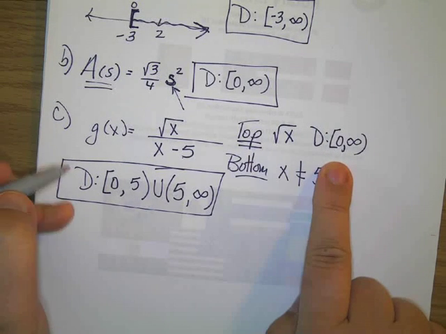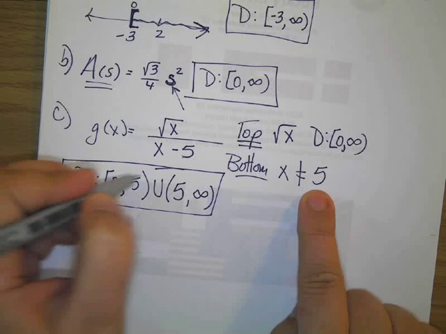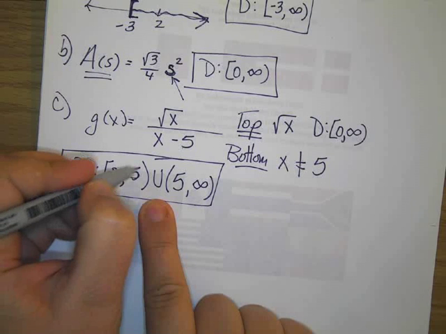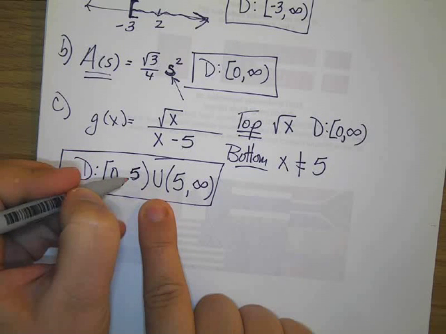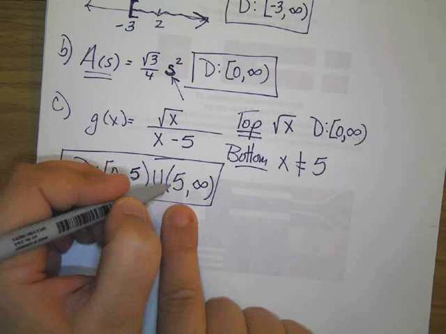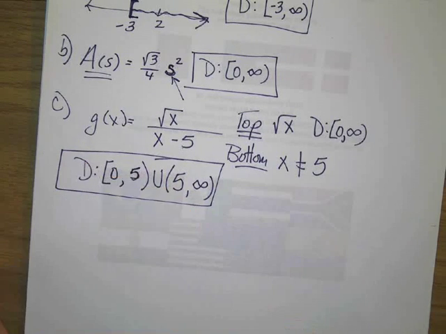You start with the most restrictive, and I say, okay, I start at 0, and I'm going, but I don't get 5. So to exclude 5, I get really, really close to 5 from the 0 side. And then I kind of jump over it, and then I start really, really close to 5 on the other side, and then I get everything else. Is that okay? Okay.